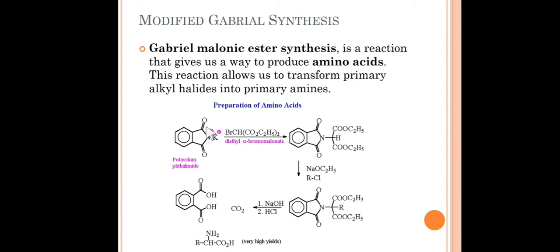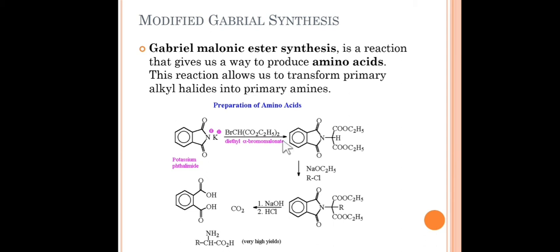But in this modified Gabriel synthesis, or Gabriel malonic ester synthesis, instead of simple alkyl halides we are using diethyl alpha bromomalonate, a malonic ester. Then the attack of this N minus on the alpha carbon will alkylate the phthalimide to give this compound.